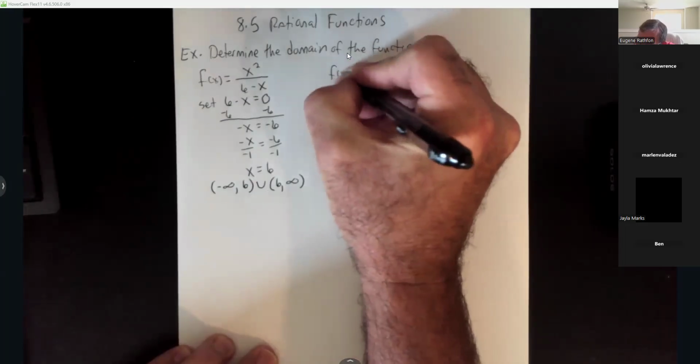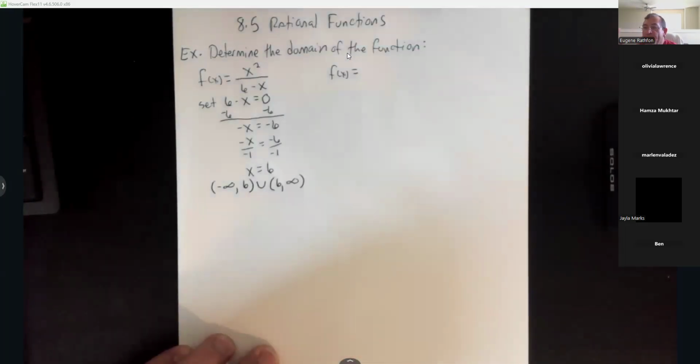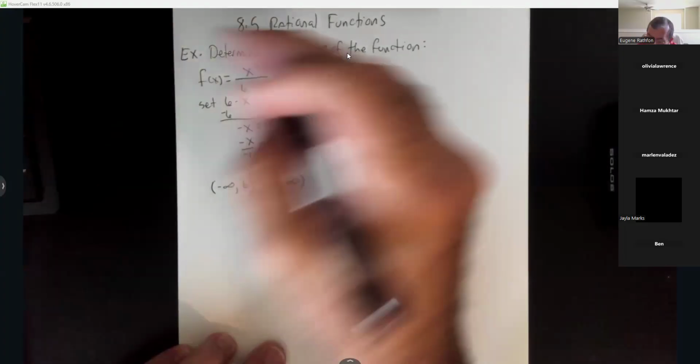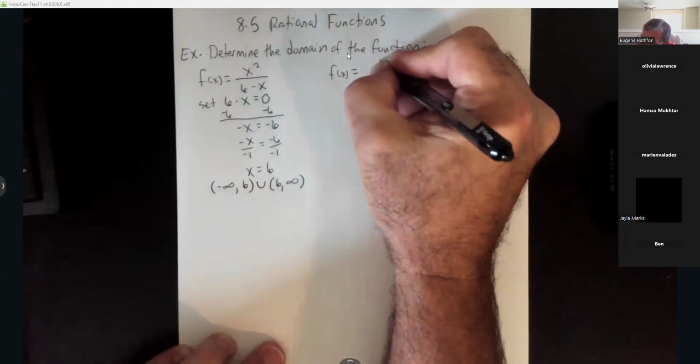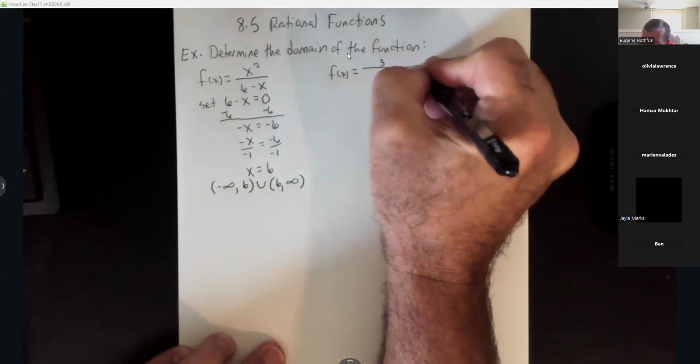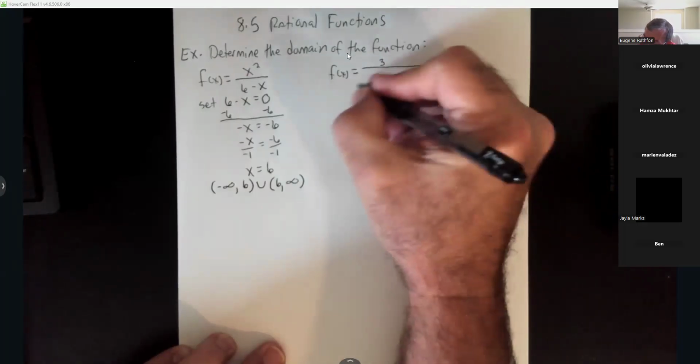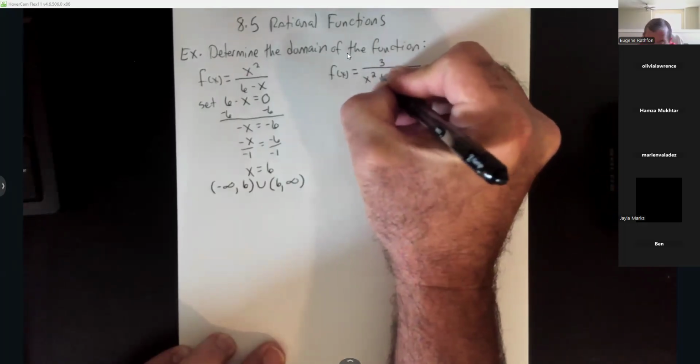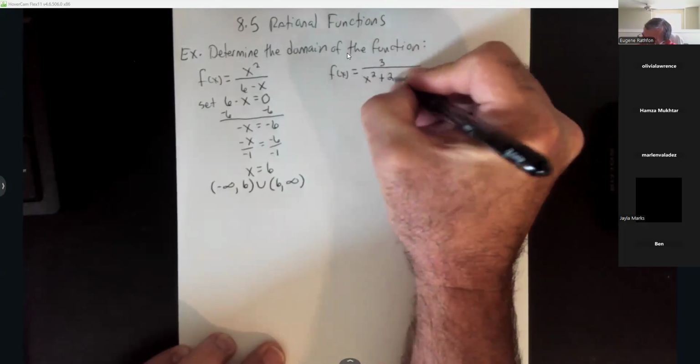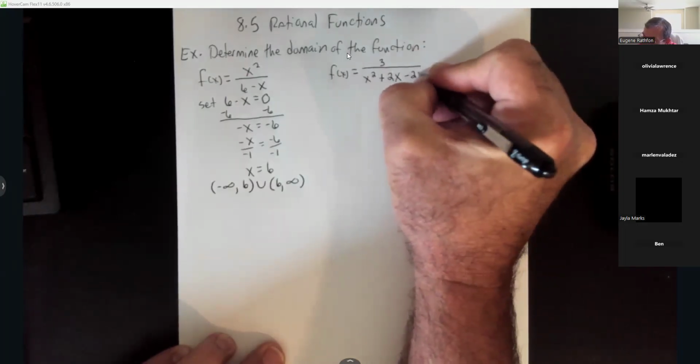This next example, we're going to have two numbers to kick out. So they're giving me f of x equals 3 over x squared plus 2x minus 24.